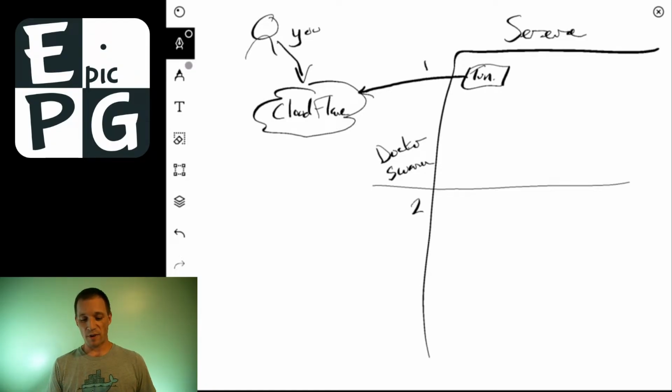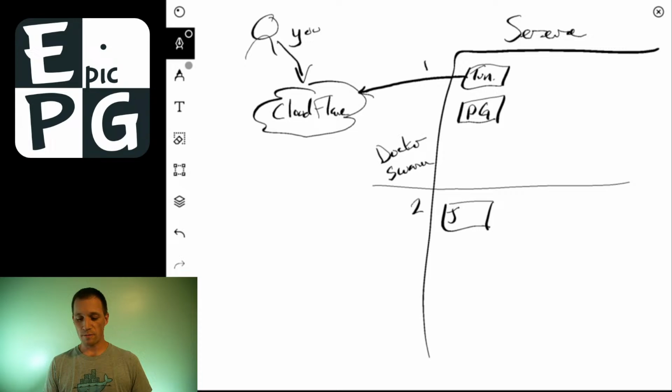We also have our Postgres database. We've got Jaeger, which is tracing. So as your bits flow through all of this system, I can look and see some of the transactions that maybe took a little longer than they should.